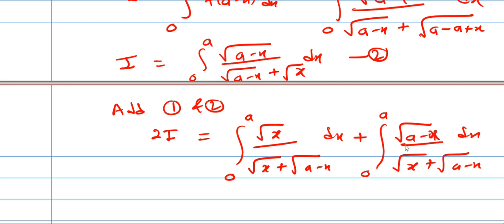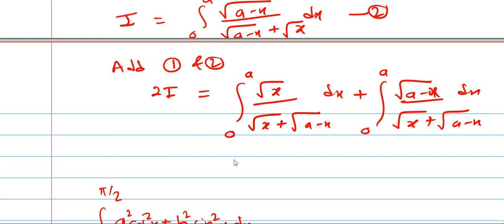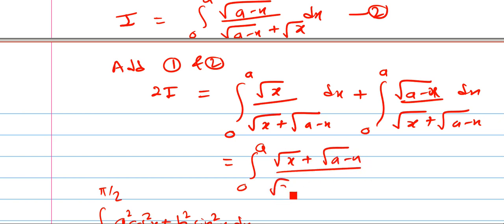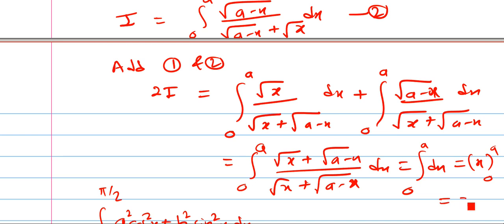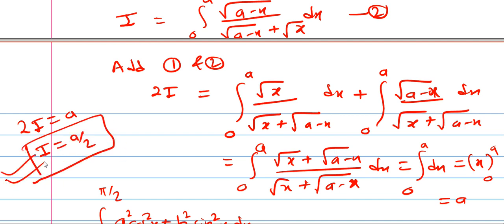Again the denominator is the same, so you can combine the terms. So it becomes integration 0 to a of under root x plus under root a minus x upon under root x plus under root a minus x dx. So numerator and denominator cancel. So integration dx 0 to a. So it is nothing but x with limits 0 to a. So it is nothing but a. So 2I equal to a. So I equal to a by 2. This is the answer for this integration.